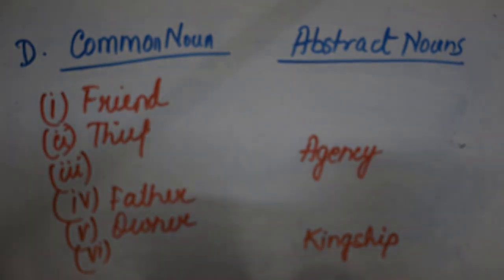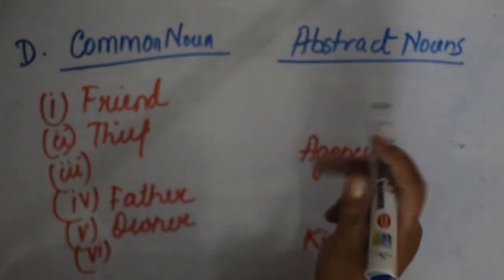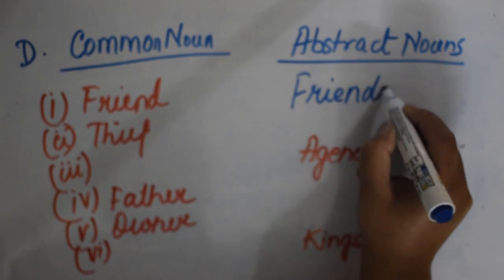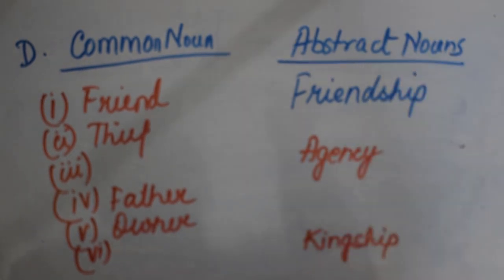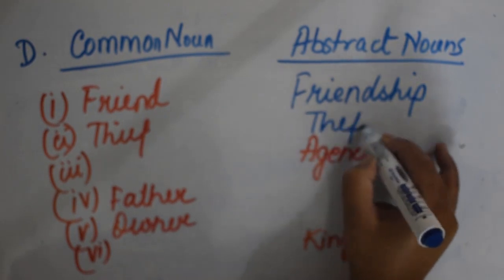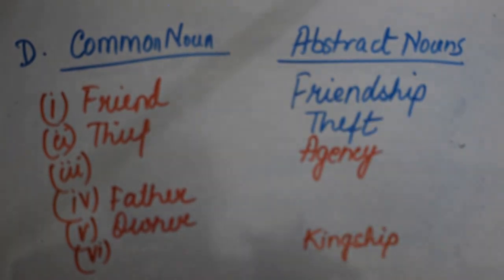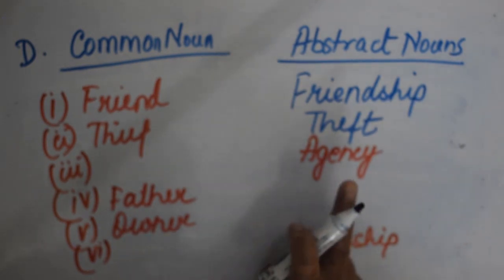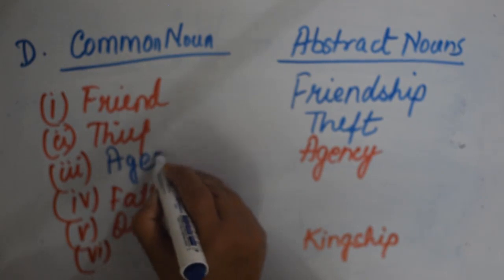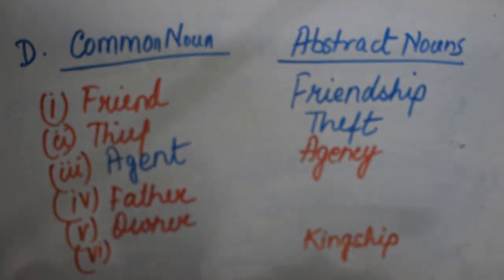Answers will be: friend turns into friendship to form an abstract noun. Thief turns into theft, T-H-E-F-T, to form an abstract noun. Agency comes from the common noun agent.